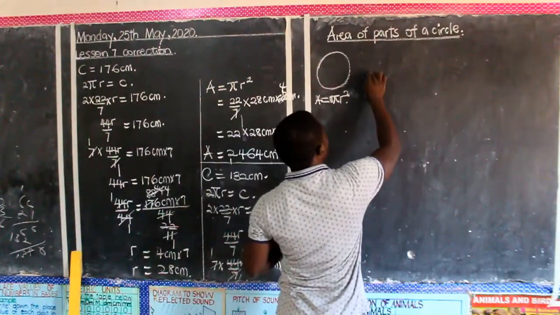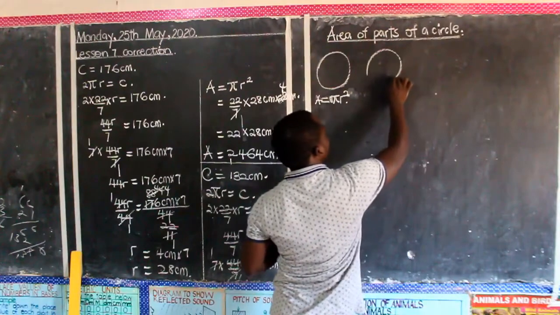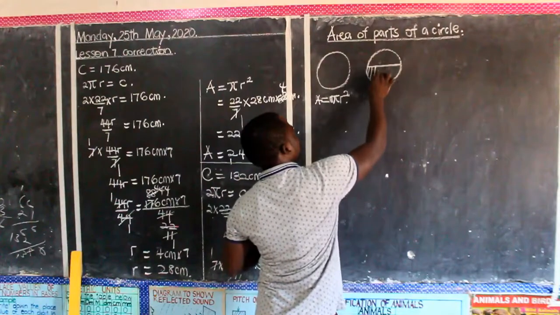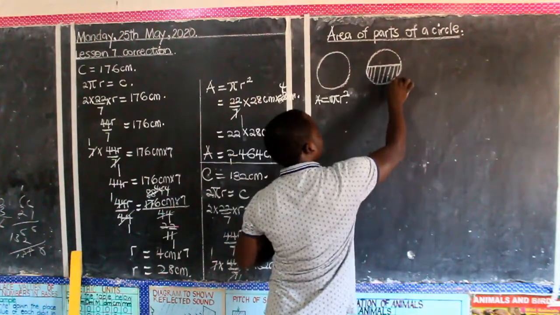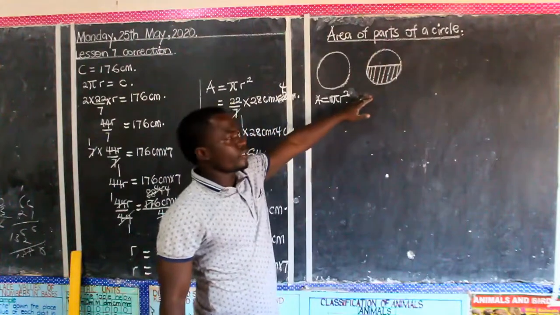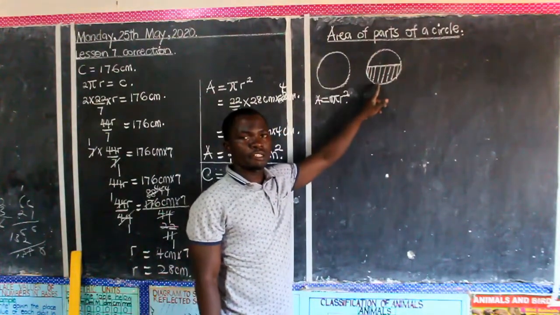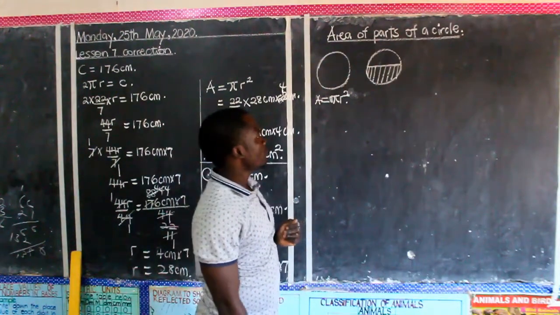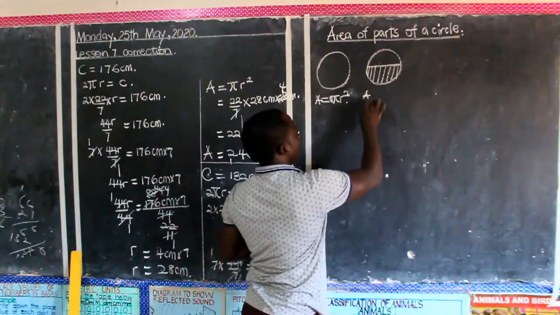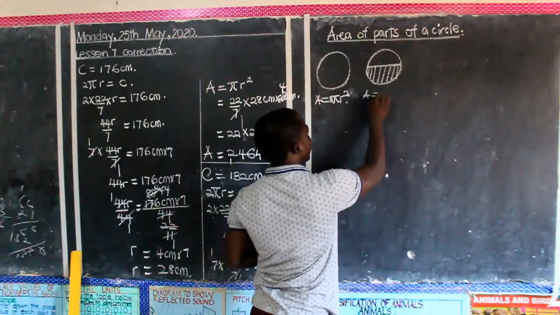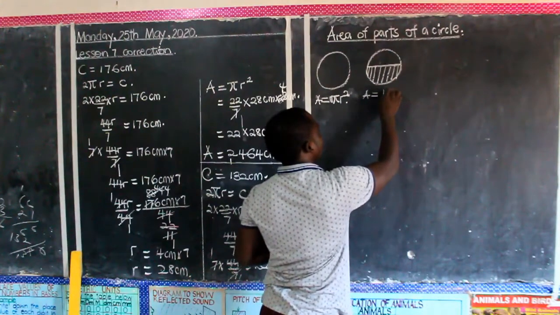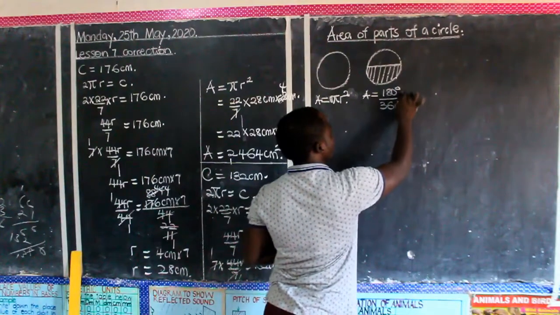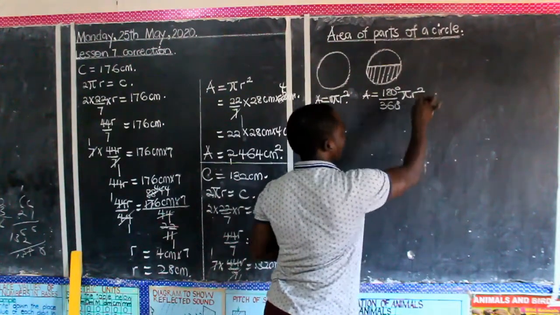Now, we come to this one here. The shaded part is called a semicircle. And its area equals 180 degrees out of 360 degrees pi r squared.